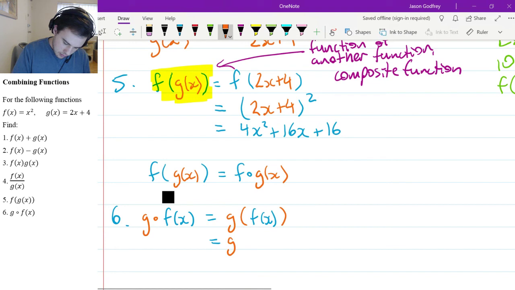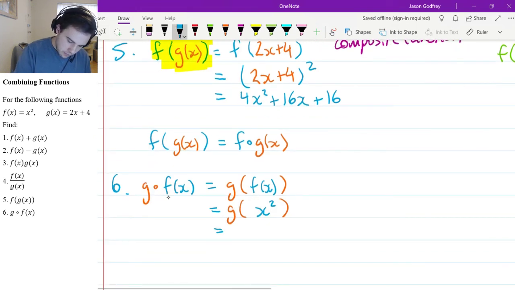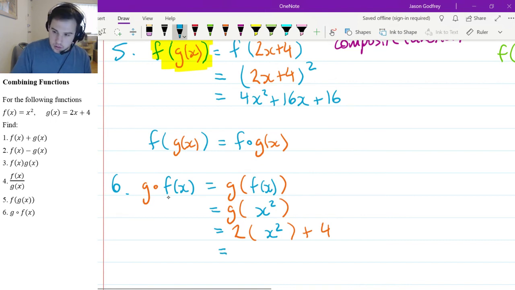Well, we're going to input into g, f of x, which is our function x squared. And then, what does the function g of x say to do? Well, it says 2x plus 4, so it says 2 times whatever you input and plus 4 to it. And what are we inputting? We're inputting x squared. So then the only simplification we need to make is that we don't need to write the brackets here. 2x squared plus 4.